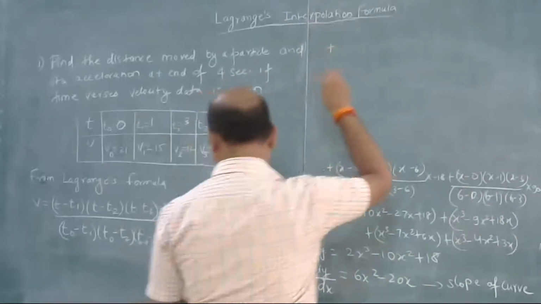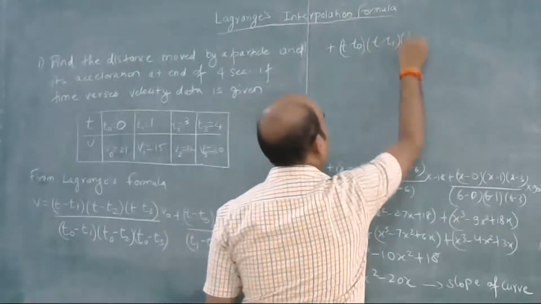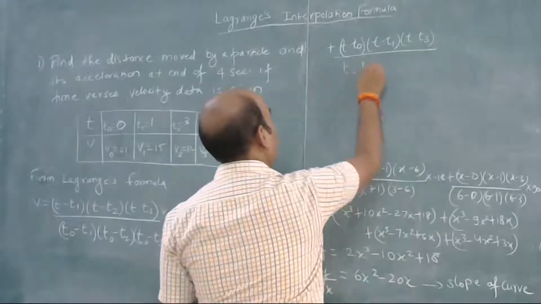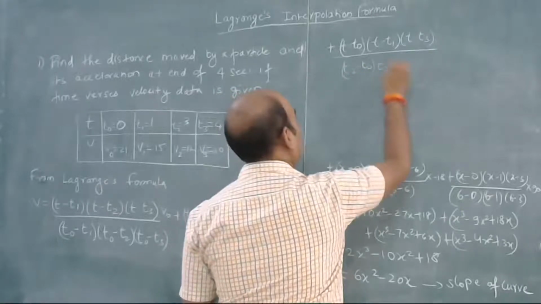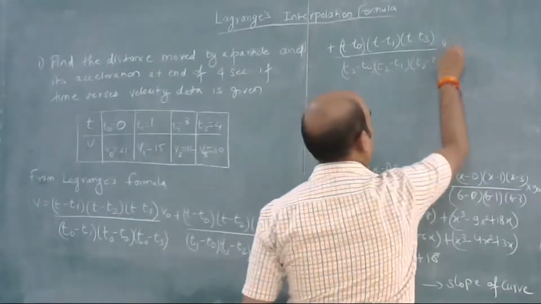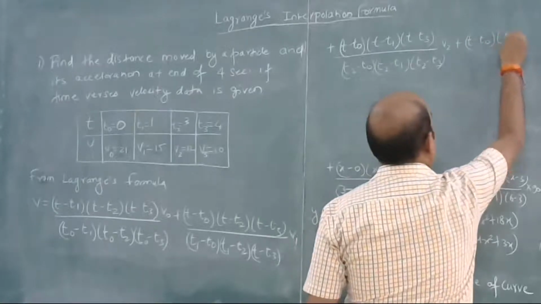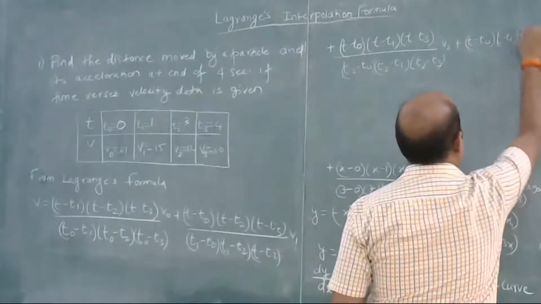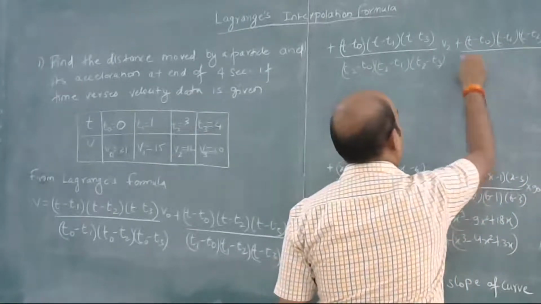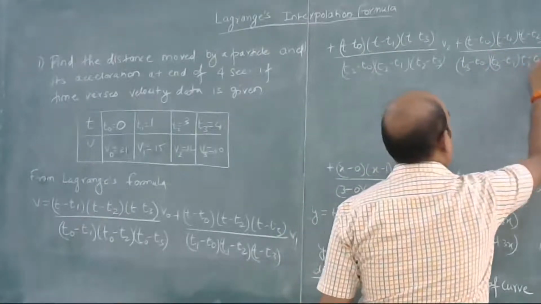plus (t minus t0)(t minus t1)(t minus t3) whole divided by (t2 minus t0)(t2 minus t1)(t2 minus t3) multiplied by v2, plus (t minus t0)(t minus t1)(t minus t2) whole divided by (t3 minus t0)(t3 minus t1)(t3 minus t2), multiplied by v3.